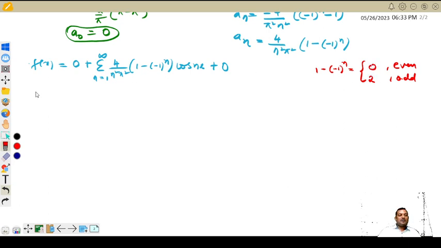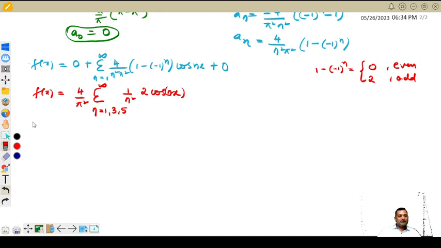So now what we are going to write is f of x can be written as, here we can take 4 by pi square outside the summation. Now here we are writing n equal to odd, 1, 3, 5, and so on. Here you will have only 1 by n square, its value is 2, into cos nx. Okay, fine. So now you can expand the series.